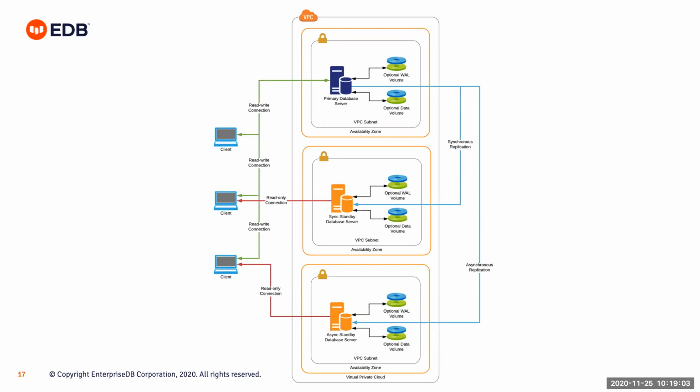Effectively, what happens is that when the application commits, data is written to the WAL files and streamed to the synchronous standby server. But the commit is not returning to the application until it has been applied on the synchronous database server, and a signal has been sent back to the primary database that all is well. Then the commit returns.